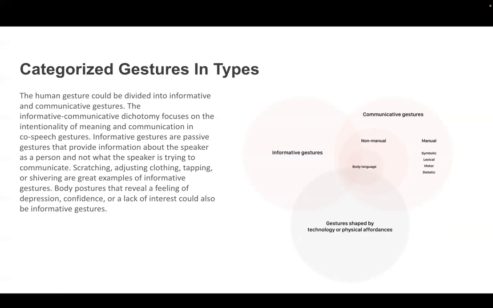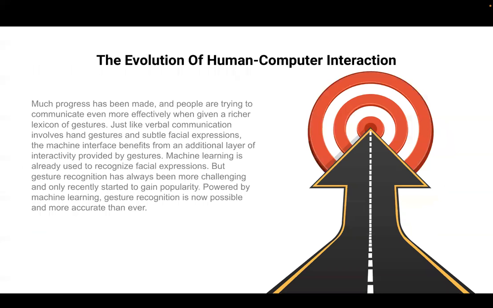Body posture that reveals a feeling of depression, confidence, or lack of interest should also be informative gestures. So, the evolution of human-computer interaction is that most of the progress has been made, and people are trying to communicate even more effectively when given a richer lexicon of gestures.